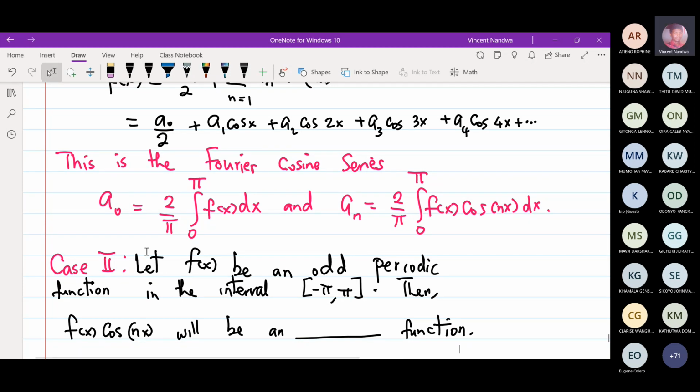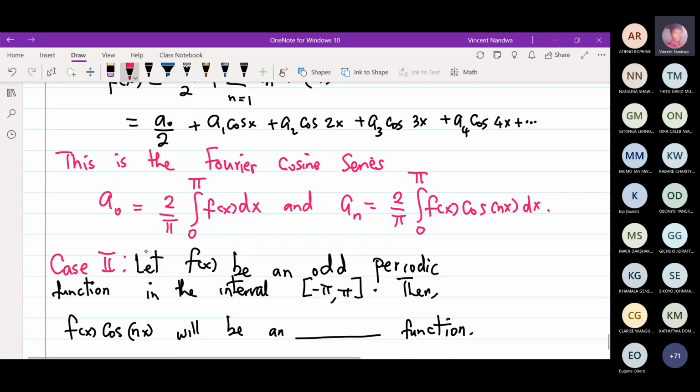Help me fill that space. Odd. It will be an odd function because already f of x is known to be odd in the interval minus pi to pi, and cosine is always an even function. So taking an odd function times an even function gives us an odd function.